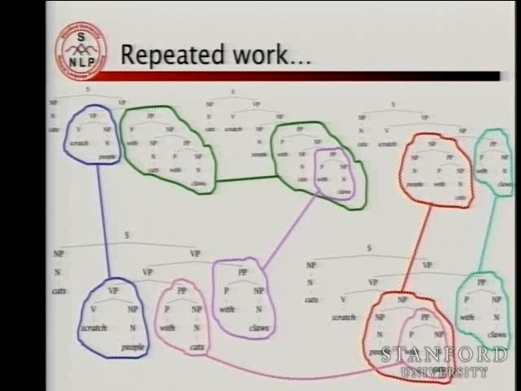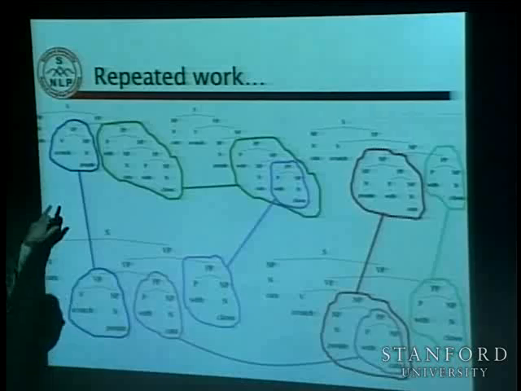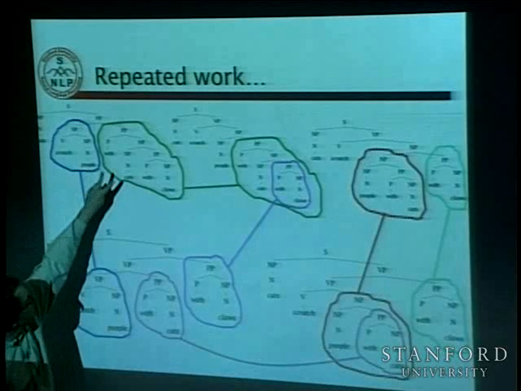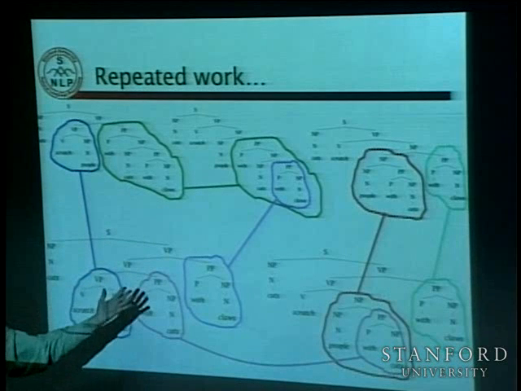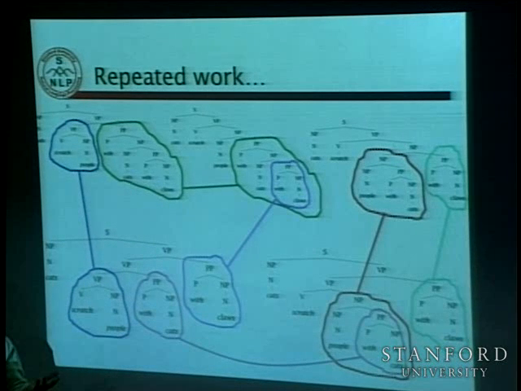So as you start getting into longer real sentences, like those 20 or 30 word sentences, what completely kills you is this problem of repeated work. That problem comes from attachment ambiguities, like with the prepositional phrases, where you start getting an exponential number of parses. So here I've got the two PPs, with cats and with claws, and I've got here the 5 allowed parses of that sentence.